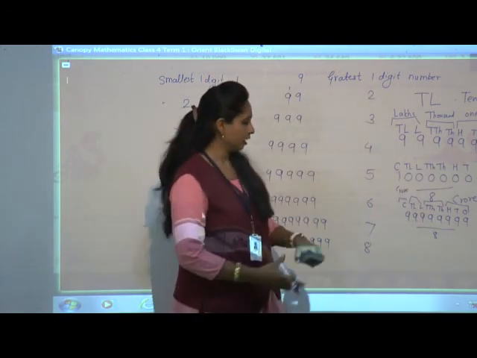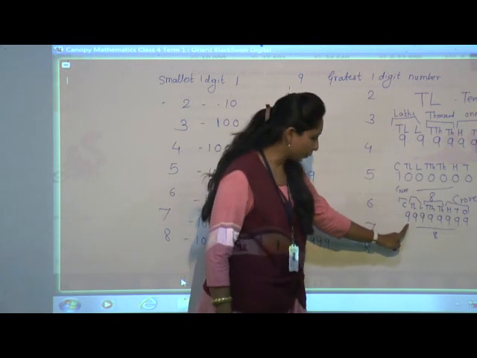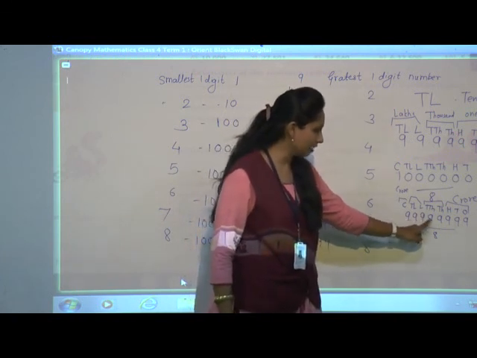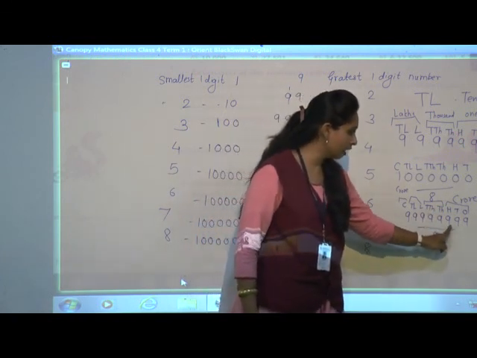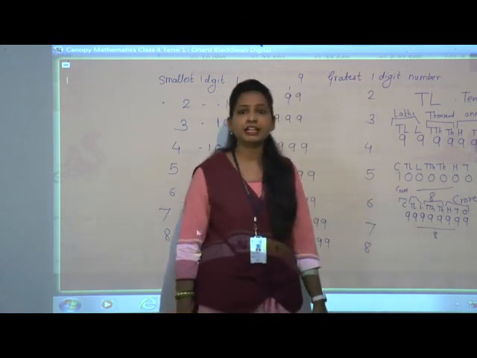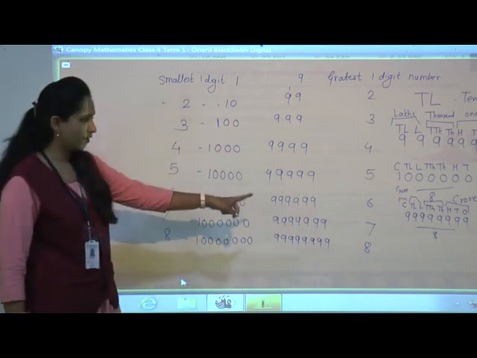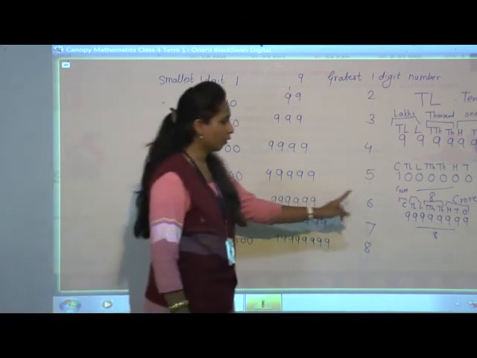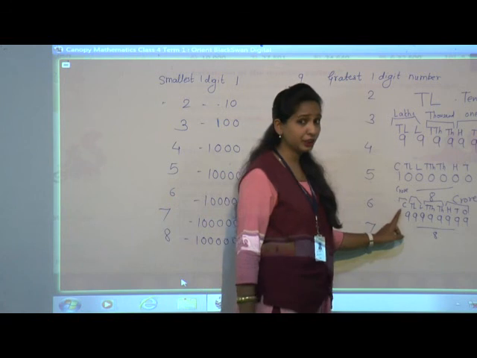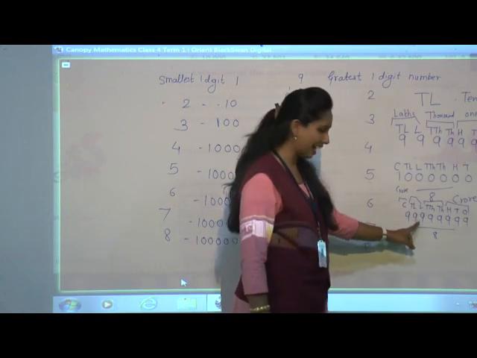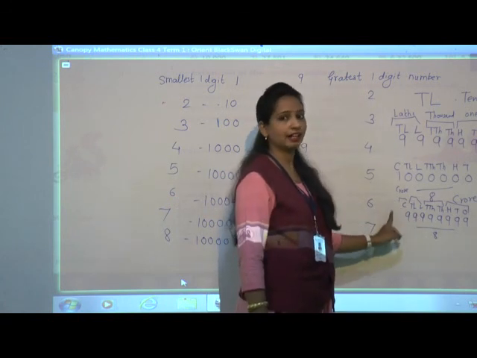See, 9 crores, 99 lakhs, 99,999. Are you getting it? Yes, very simple. Only now we are learning a new place value. After lakh, 10 lakh, after 10 lakh comes crore.